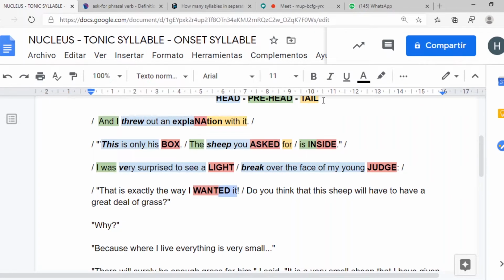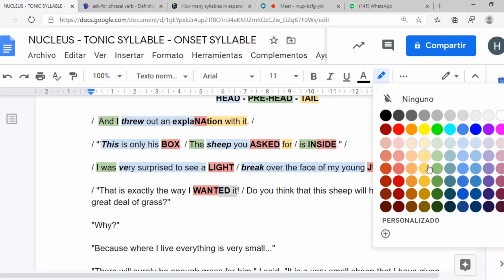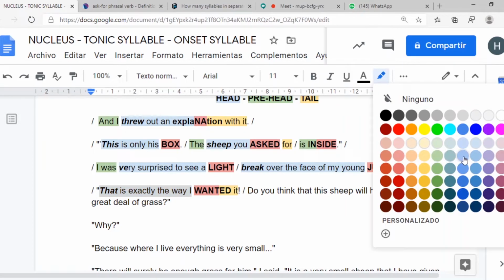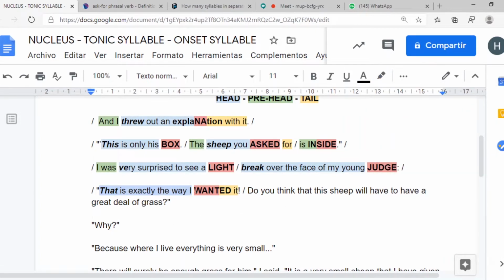Eat it will be my tail, okay. Eat it, yeah, because here you have to separate the word into morphemes. Want, eat. That, this is a stressed word, so this is my onset syllable, and from the onset syllable up to the tonic syllable, I have the head.